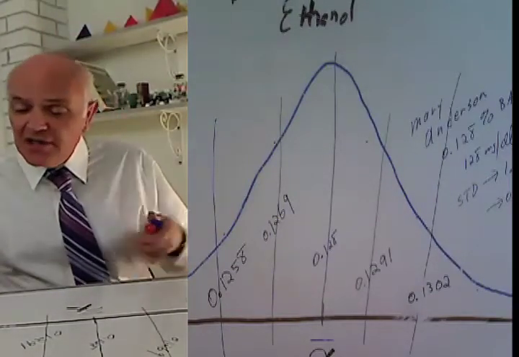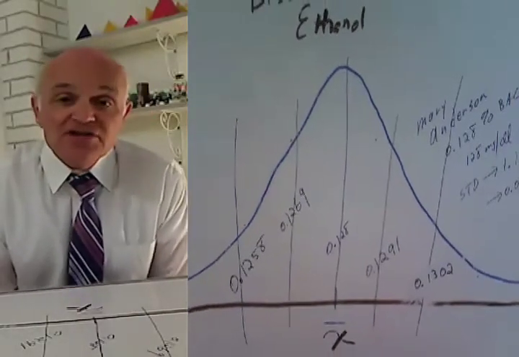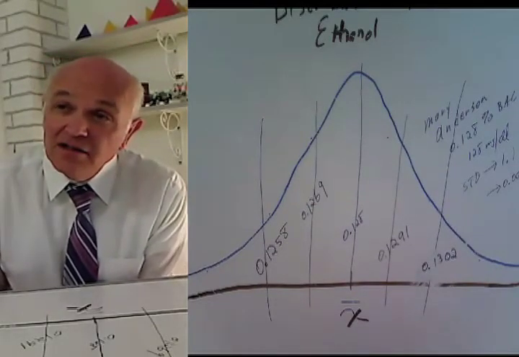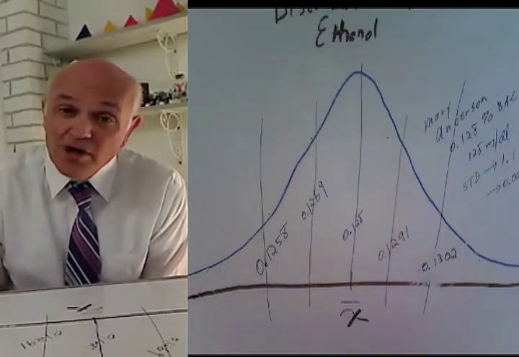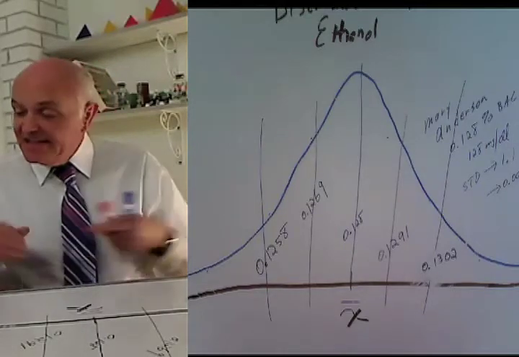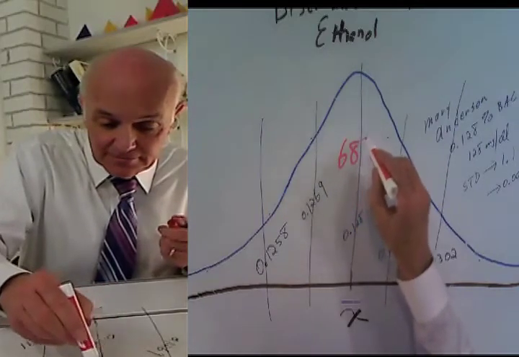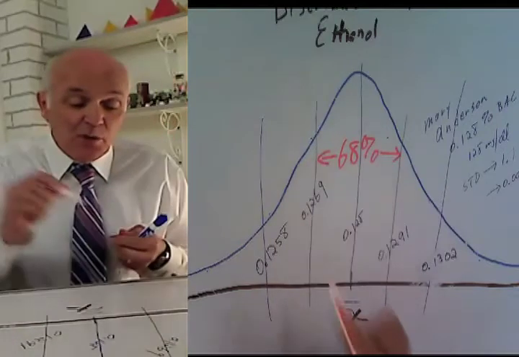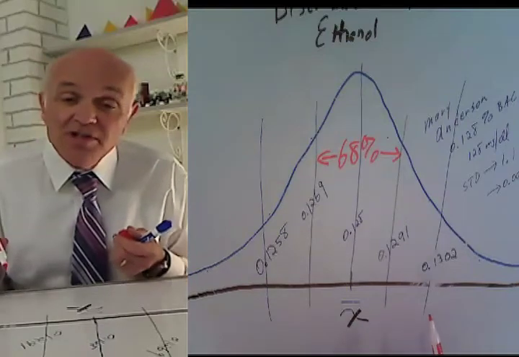Okay, so Mary Anderson has a 0.128% blood alcohol. We have a standard deviation which is calculated by a computer. We have a standard deviation of 1.1, which means that there's a 68% chance that her value is between 0.129 and 0.169.